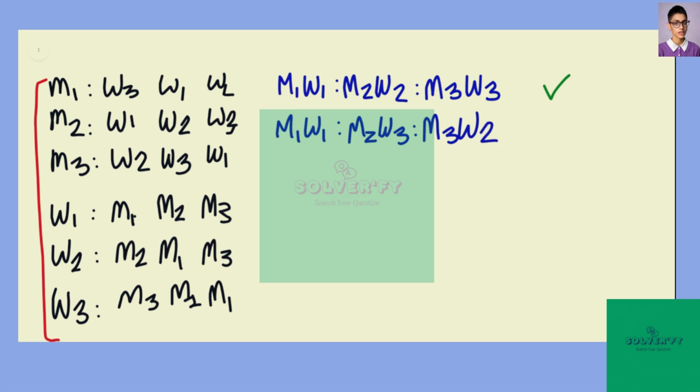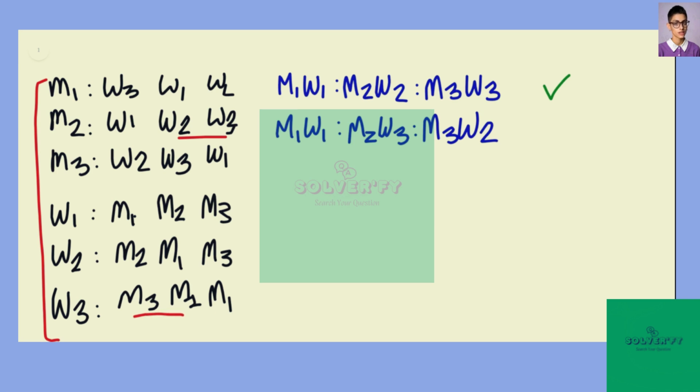Okay, but if we look at this, we can see that the second male is going to prefer woman 2 over woman 3 here. And woman 3 is going to prefer male 3 over male 2, right?